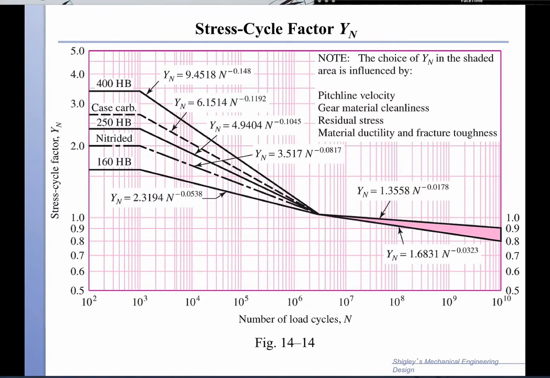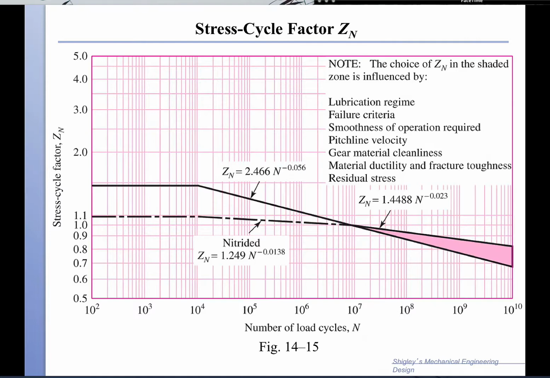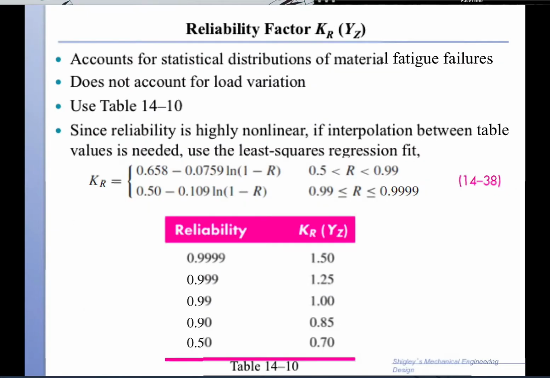So depending on the hardness of the material and depending on the number of cycles that are required, then we can compute a particular value for the stress cycle factor, and we are given these types of equations to describe the curve, very similar to what we've done in the SN analysis, and the same thing for contact stresses.